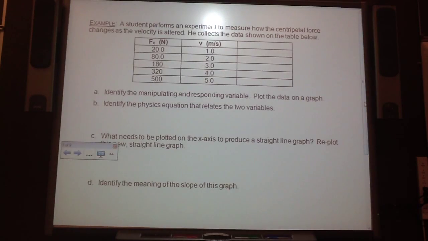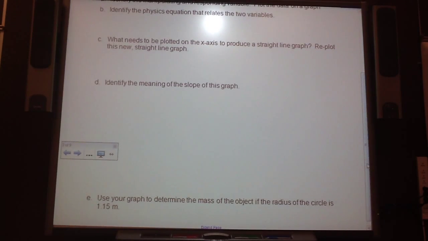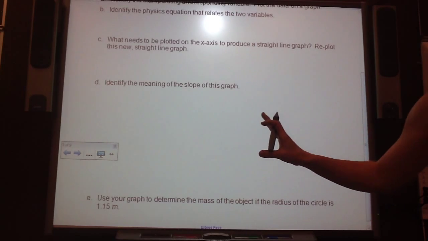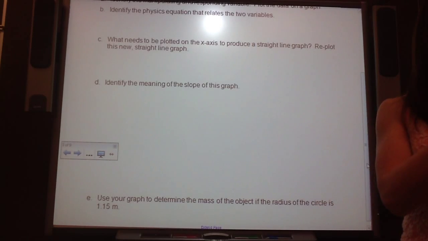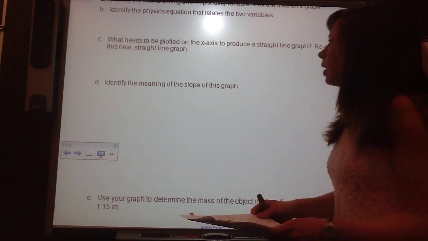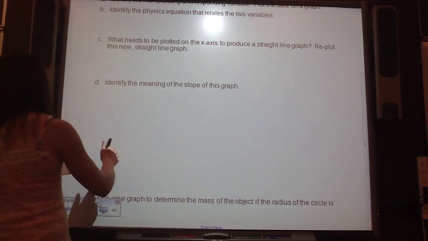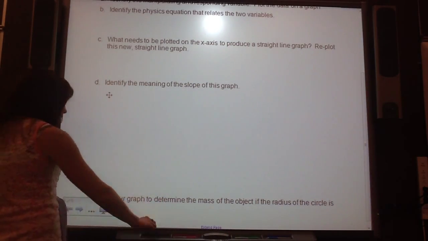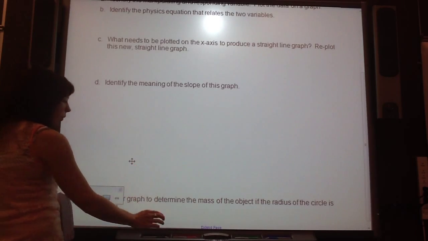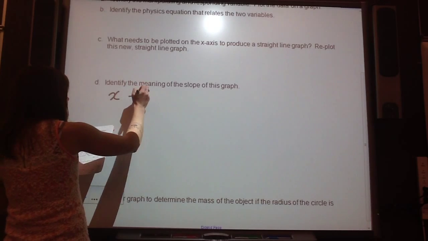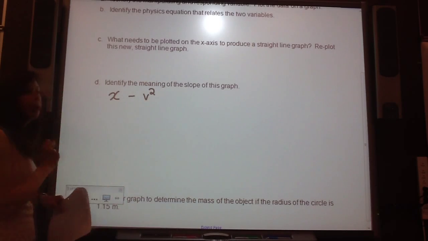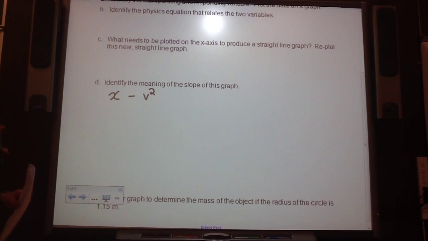Okay, so we had ended with D, right? So in part D of our question, we're going to do the next steps. So what we ended with was that we had already identified that x was the variable v squared, yes?